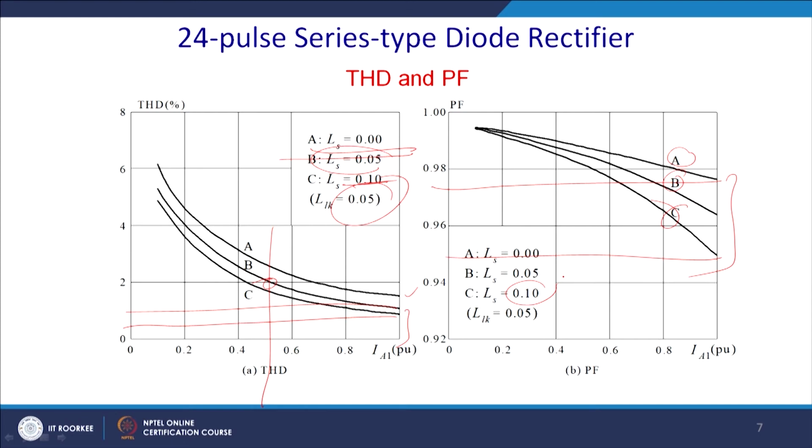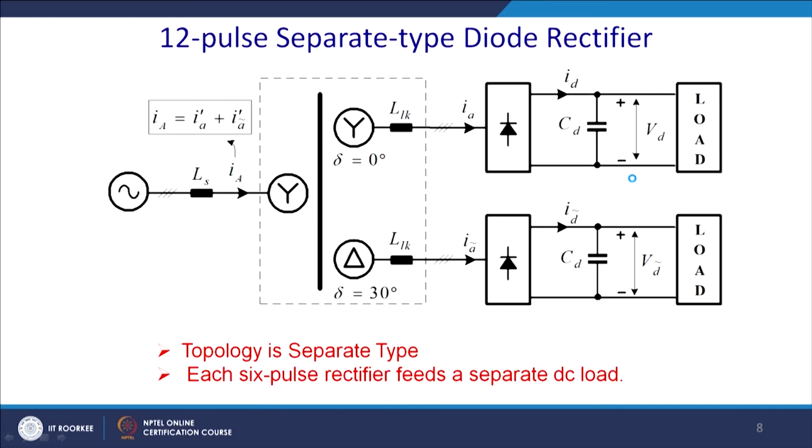And for this reason you can take the B curve, and you can see that it is matching all the limits when we were discussing the limiting conditions for the THD and power factor. It can consider all the limits.